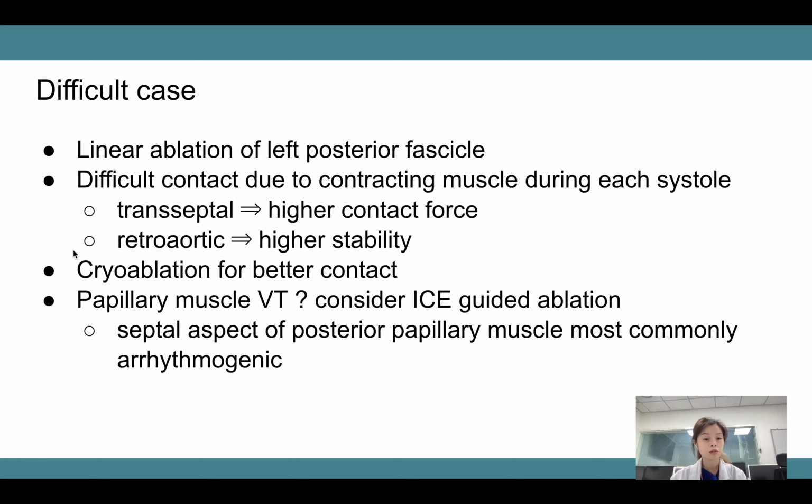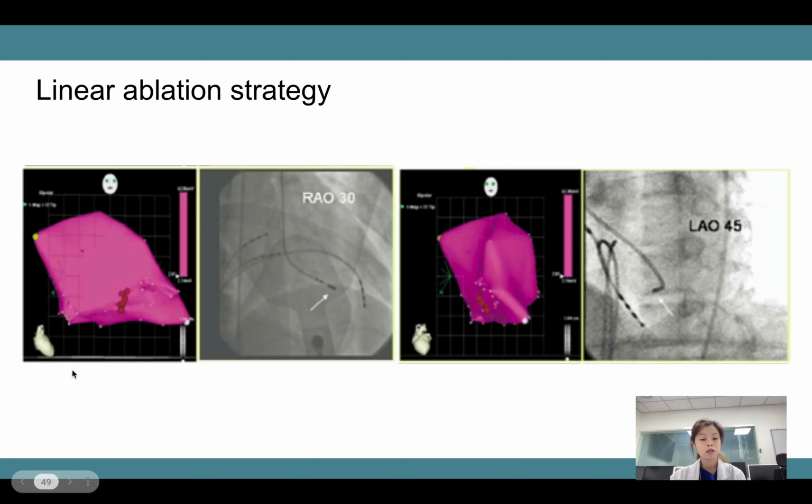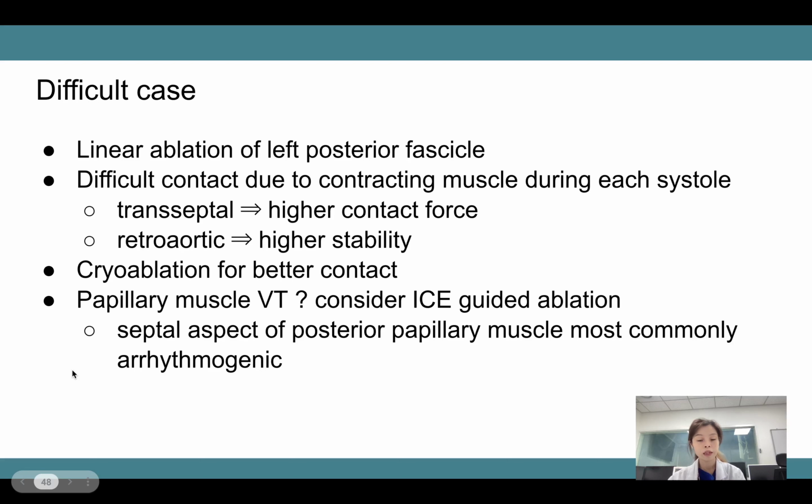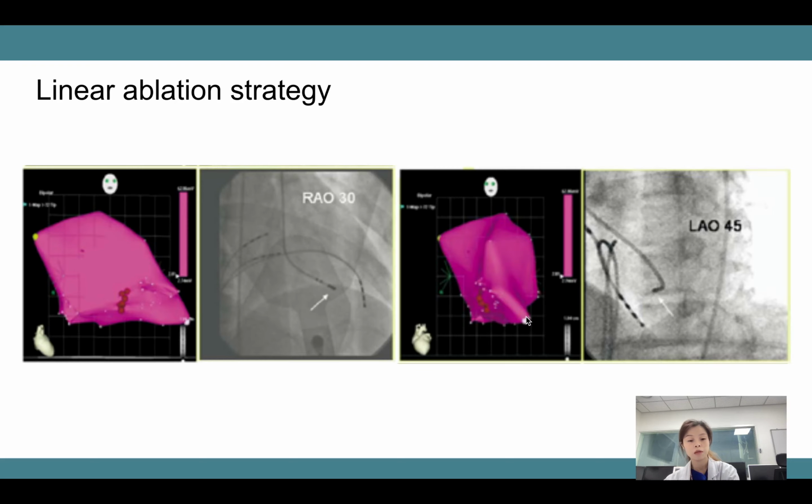Some papers suggested that for difficult contact, we may also consider cryoablation for left posterior fascicular VT. However, for some refractory cases, alternative diagnosis like papillary muscle VT has to be considered, and in such cases, ICE-guided ablation may be useful.